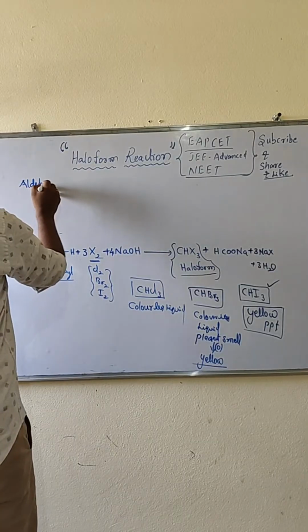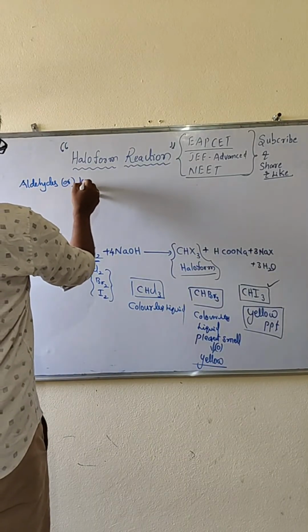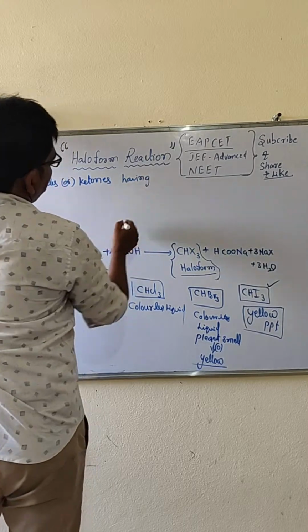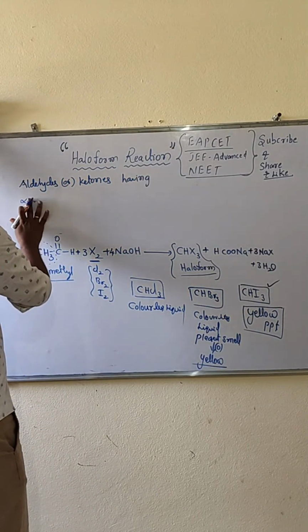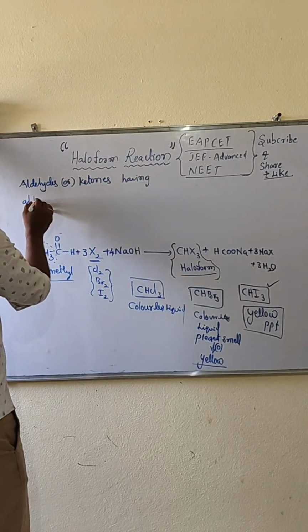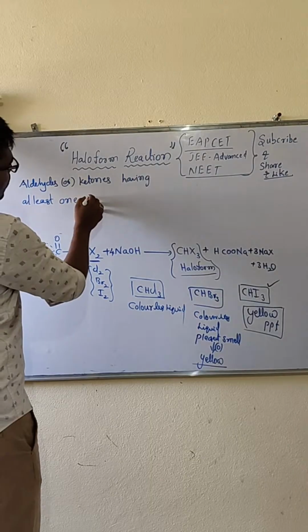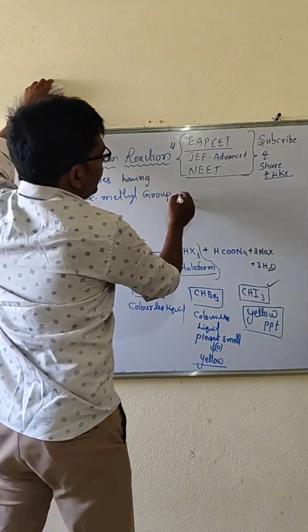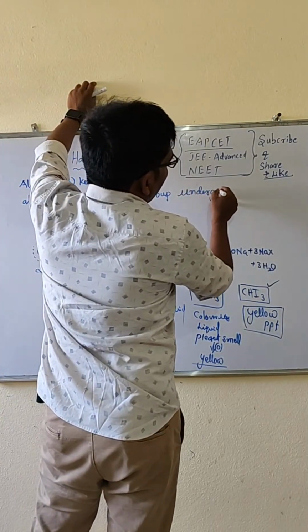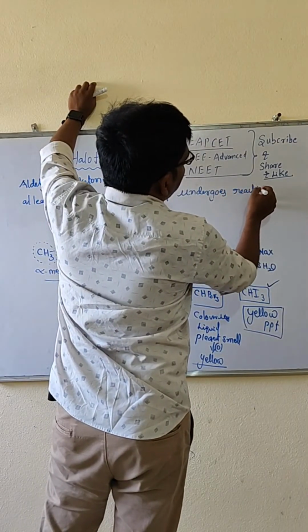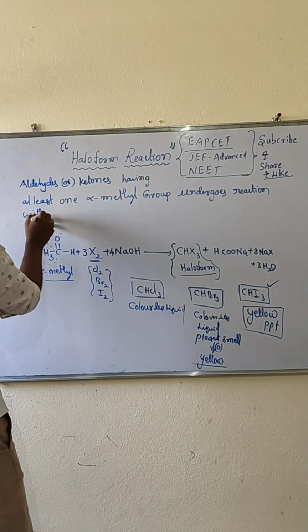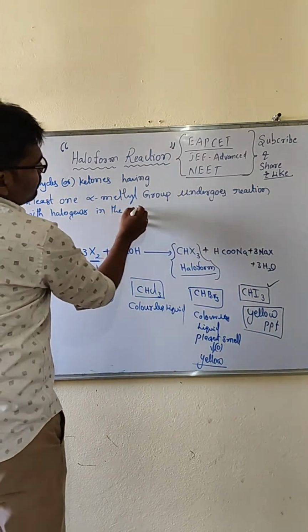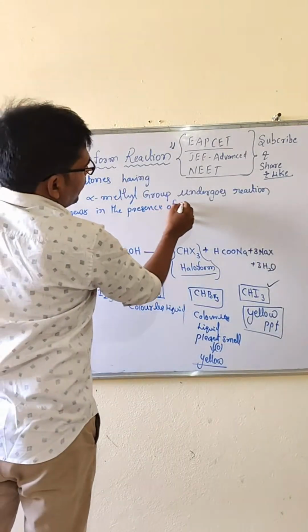Aldehydes or ketones having alpha methyl, at least one alpha methyl group, undergo reaction with halogens in the presence of NaOH.